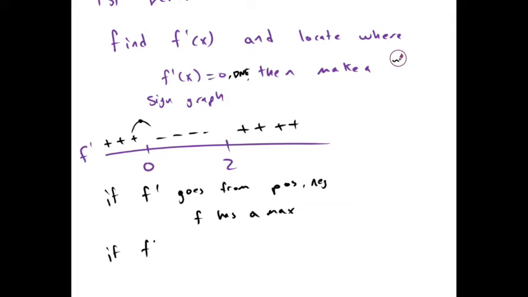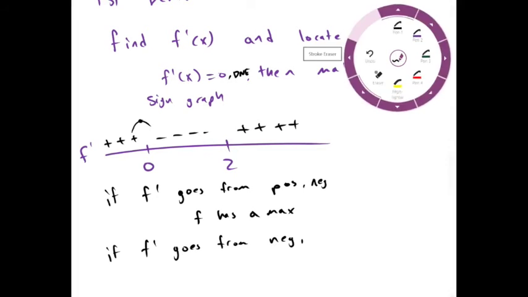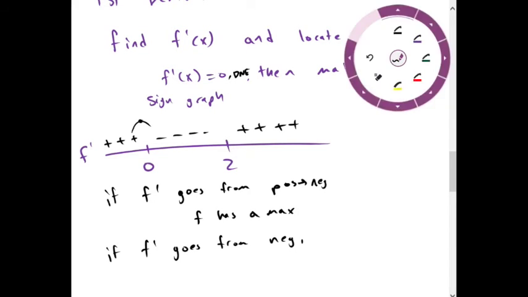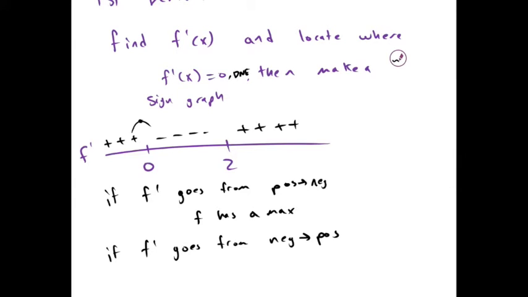If f prime goes from negative to positive, f has a minimum, such as here at 2. The slope is going from negative to positive, so it has to change direction. And vice versa.